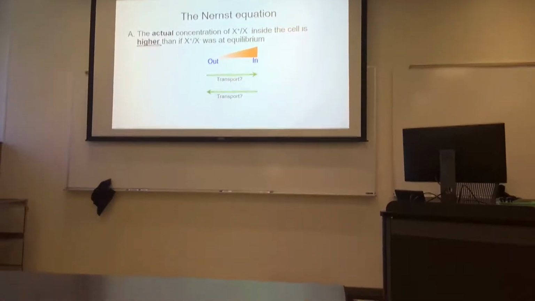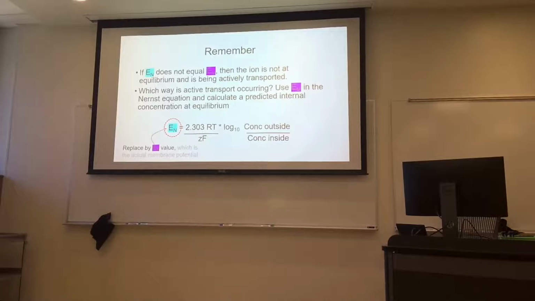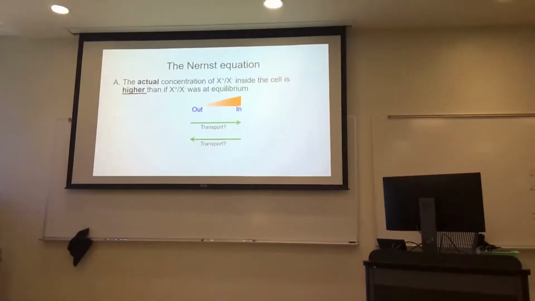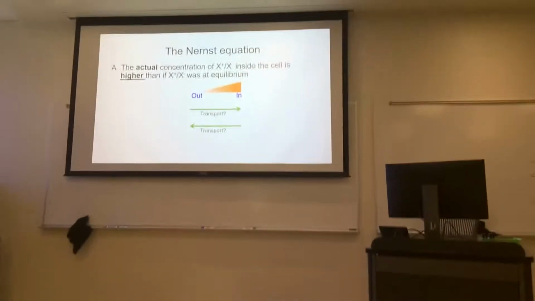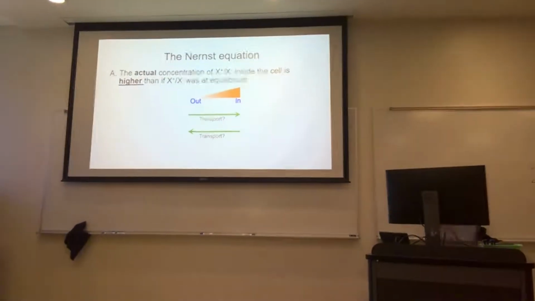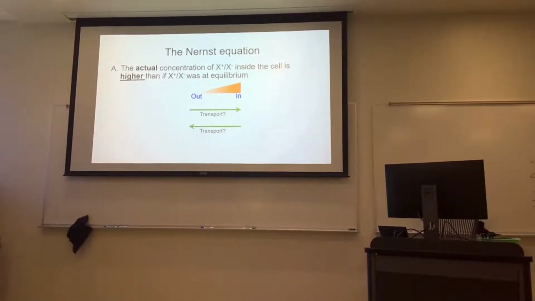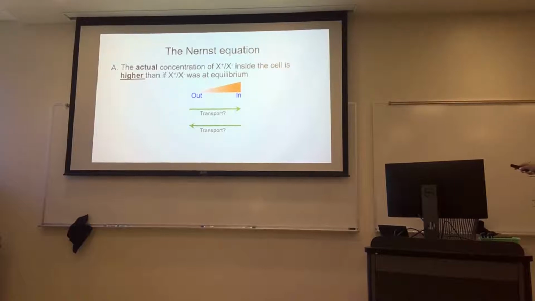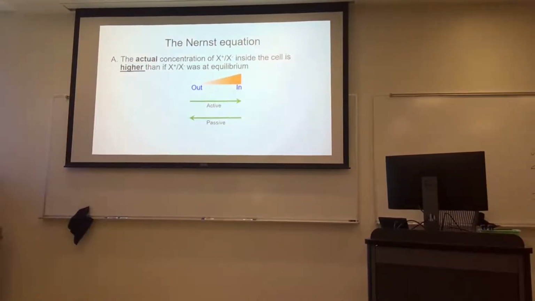First of all, because we know we are not at equilibrium, you have two options. If the actual concentration of your ion inside of the cell is higher than it would be at equilibrium, then you have this gradient, and it tells you it's going in by that and leaving by that.